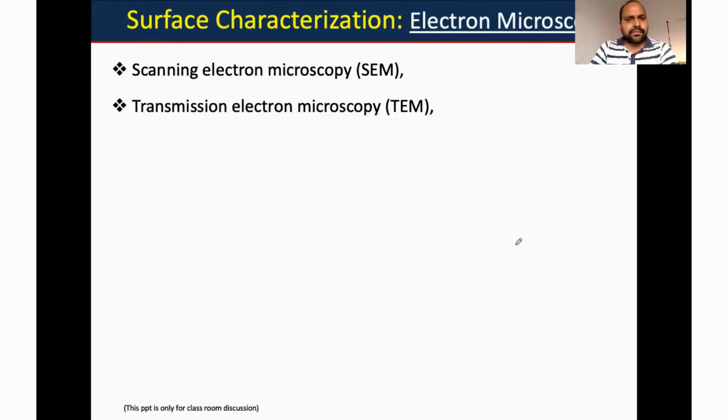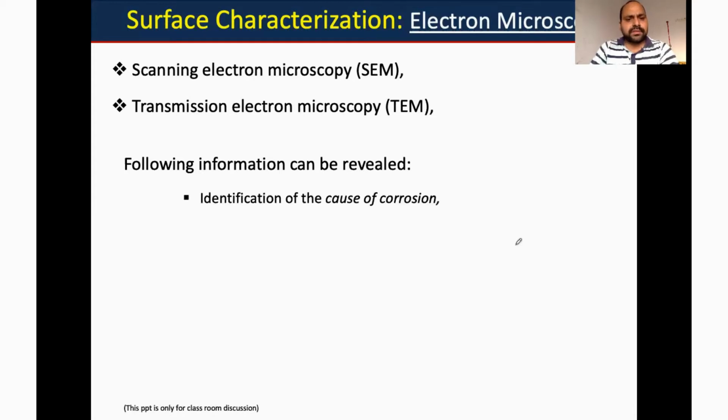I already talked about scanning electron microscope and transmission electron microscope. And using these two techniques, we can get a variety of information, such as we can identify the cause of corrosion. Cause of corrosion means how it started, what was the basic reason to start the corrosion. Similarly, we can also understand the thickness of the material.